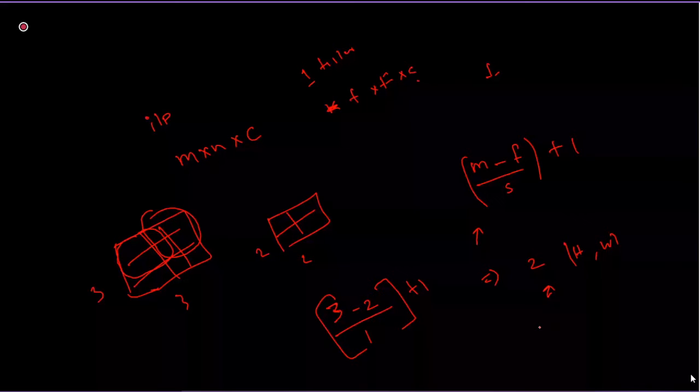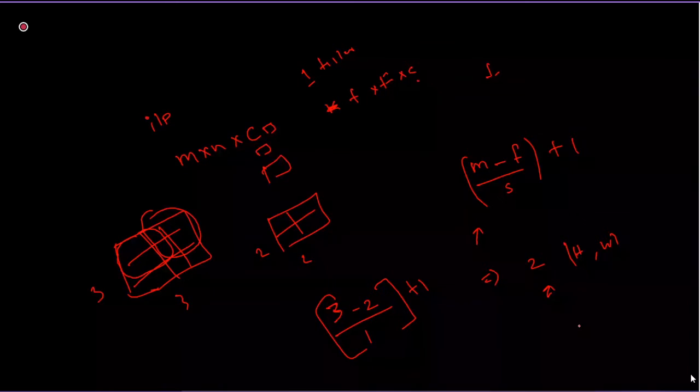If you increase the number of filters, then that many channels will be created in the output layer, or the feature map. That is what is explained here.